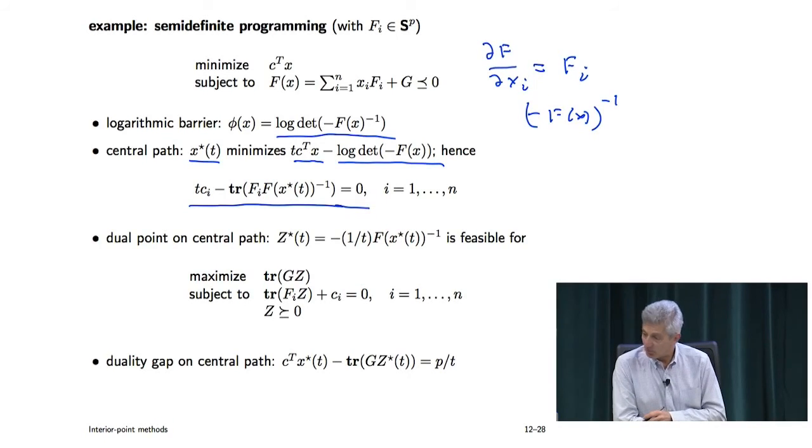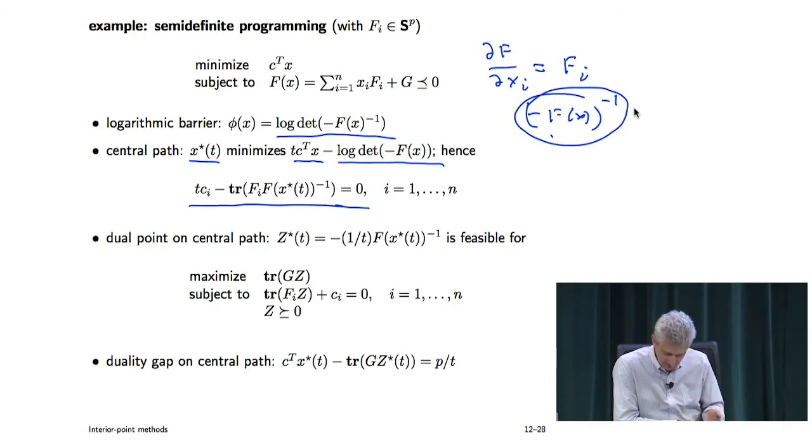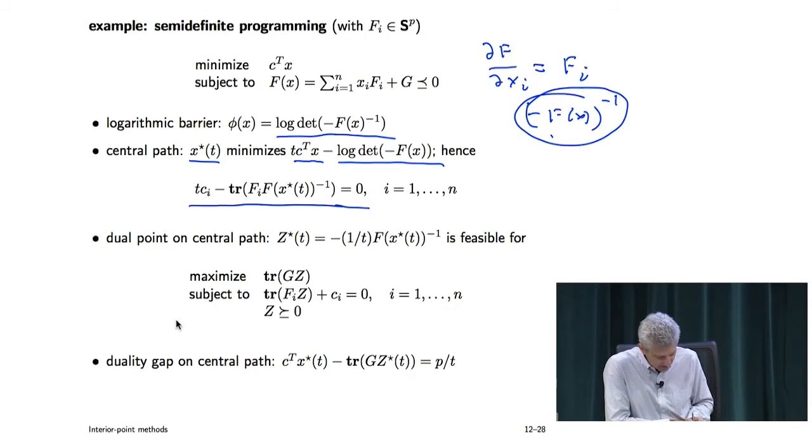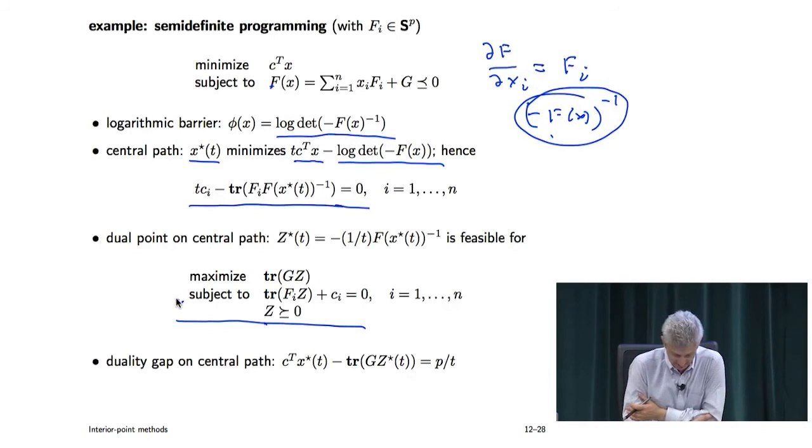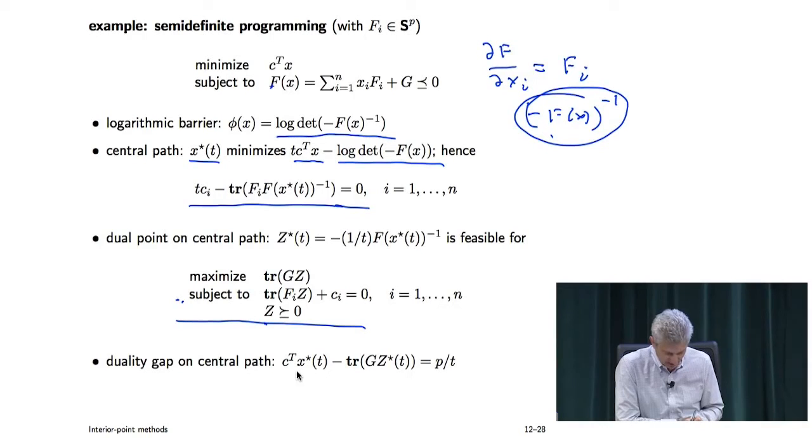You get a dual feasible point because this thing here, if I multiply by minus 1 over t, is dual feasible, and I get a point Z that satisfies that. This is the inequality form SDP, and the dual is the equality form here. If I simply minimize this function using Newton's method, I now get a dual feasible point. And the duality gap is really cool. You just work out what it is.